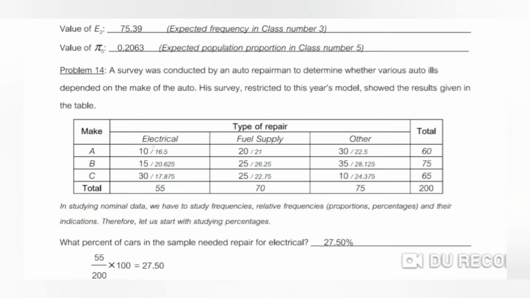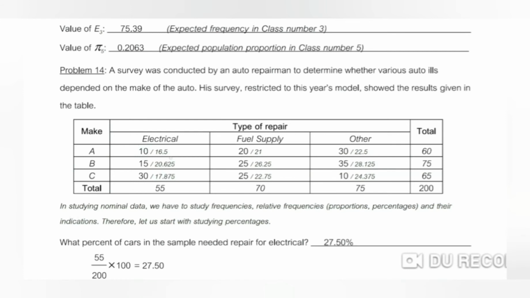And in each box, row A electrical column, you see two numbers, 10 and 16.5. 16.5 is small. 10 is written big. 10 is the observed frequency coming from the sample. After observation, he saw 10 autos which are make A and which had electrical problem.